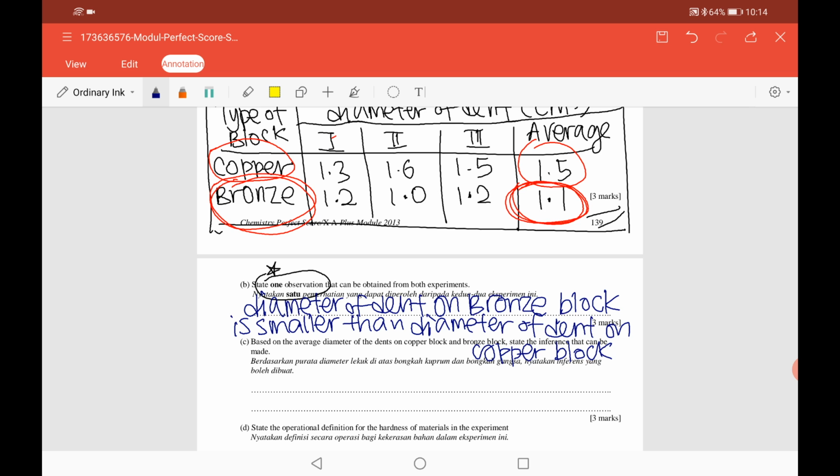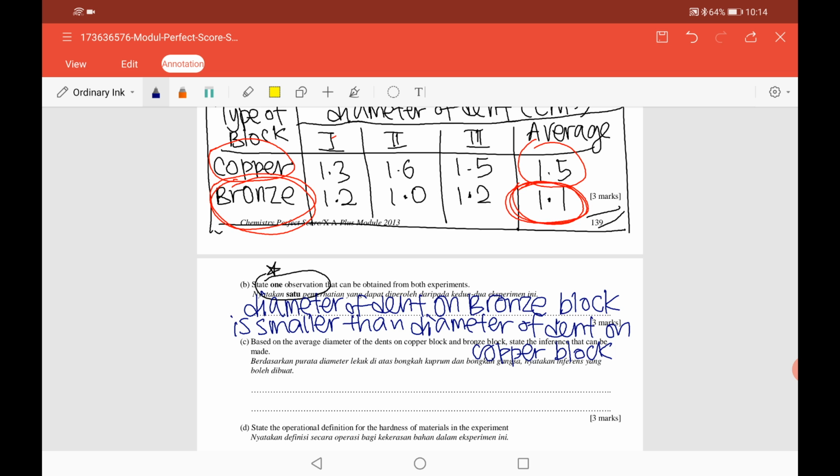So you must mention that you are observing the diameter of the dent, and the diameter of the dent on the bronze is smaller than the copper. Some people ask, sir, can we mention the other way around? Can we say that the diameter of the dent on the copper is larger or bigger than the diameter of the dent on the bronze? Yes, no problem, as long as you can show the comparison.